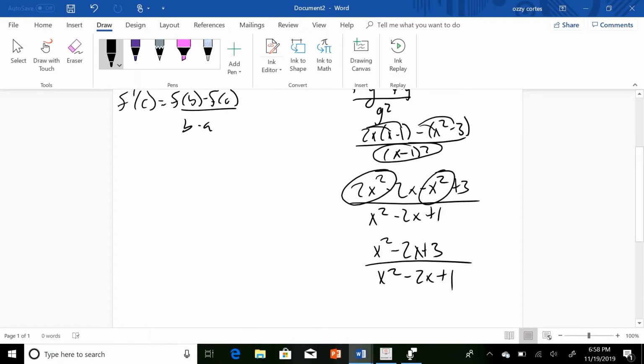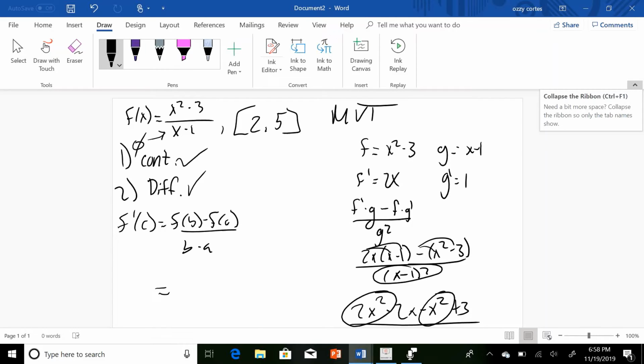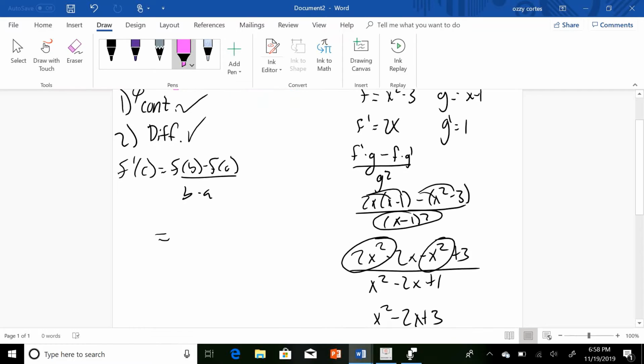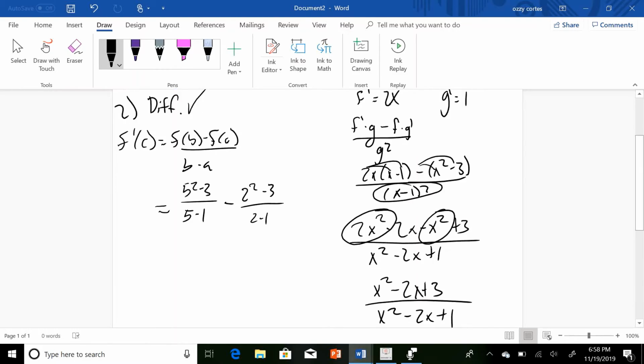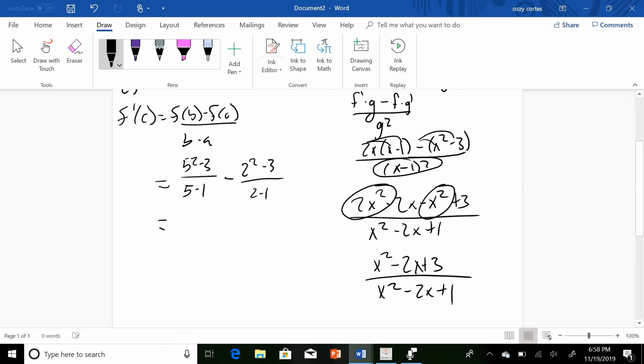So now that we have our f prime of c, we can look for f of b, and we would do so by putting these values into the x's. So for instance, for 5 it would be 5 squared minus 3 over 5 minus 1 minus 2 squared minus 3 over 2 minus 1, then all over 5 minus 2, I forgot to put that there.